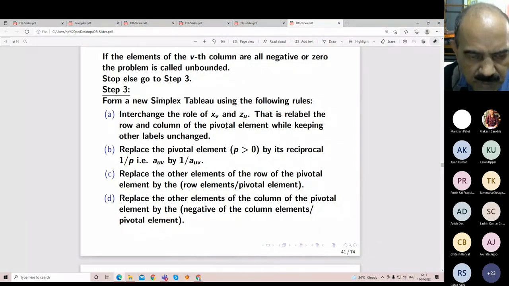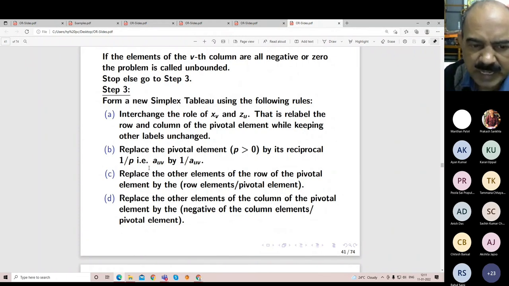Replace the key element or the pivotal element, which we are naming as UB, UB is equal to our P, by its reciprocal, that is 1 by P. So that reciprocal becomes 1 over AUV. That is the key element. We are taking the reciprocal.